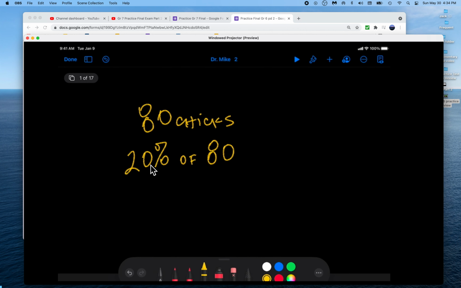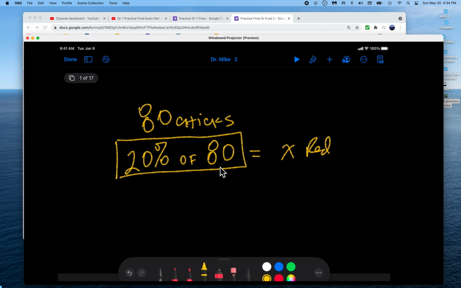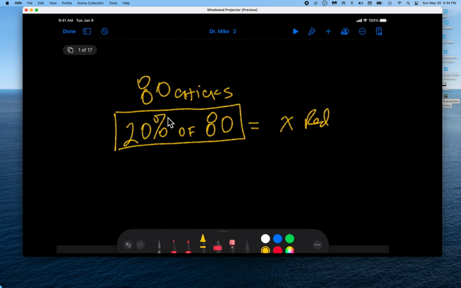So if 20% of them were red, 20% of 80 gives us the number of red chickens. So we need to figure out what is 20% of 80. First thing I do when I see that percent sign is I replace it with division by 100.